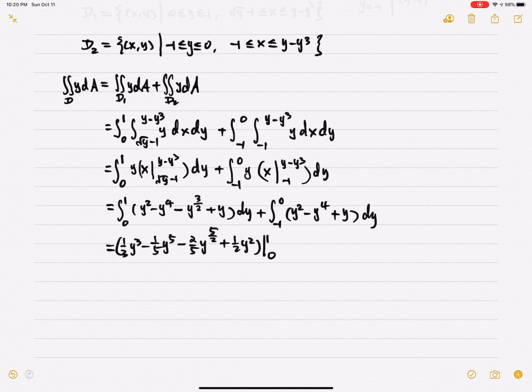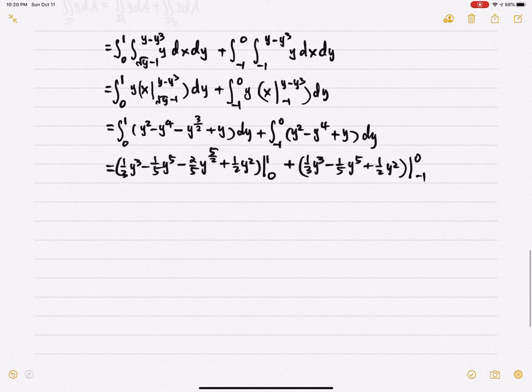And then here is a plus 1/3 y to the third minus 1/5 y to the fifth plus 1/2 y squared, plug in 0, -1. So this is equal to 1/3 minus 1/5 minus 2/5 plus 1/2 when you plug in 1, and 0 when you plug in 0.